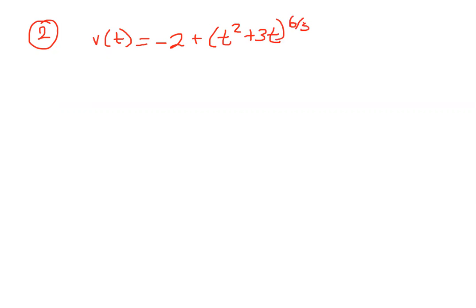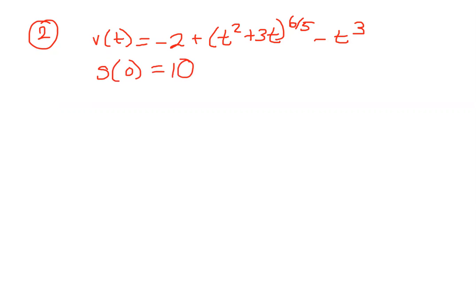Let's look at number 2. A particle moving along a straight line between 0 and 5. The velocity is given by that, and the position is going to be s of t, and we know that s of 0 equals 10. So we've got velocity, and we have s of 0 equals 10.